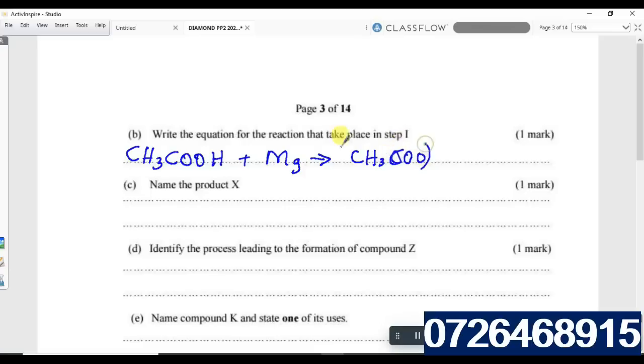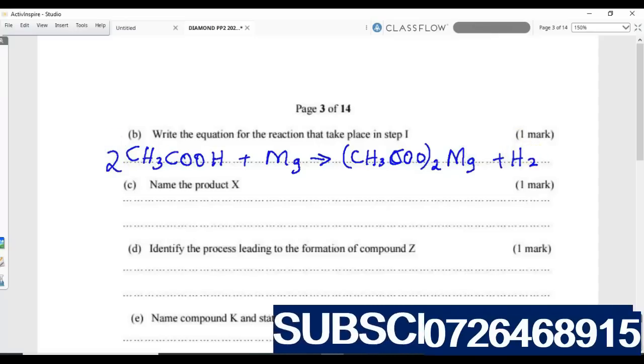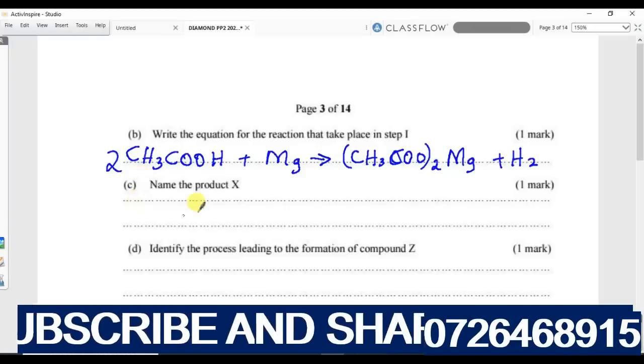So that is the equation that you are required to write.